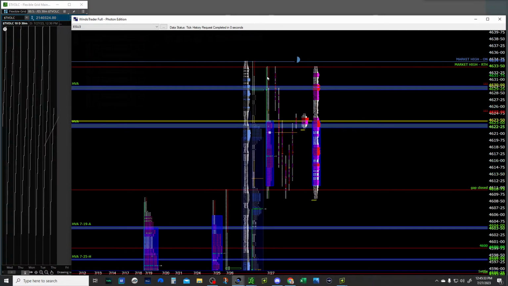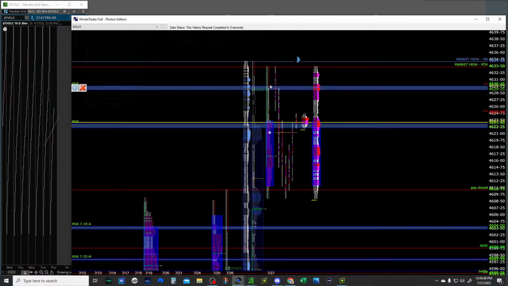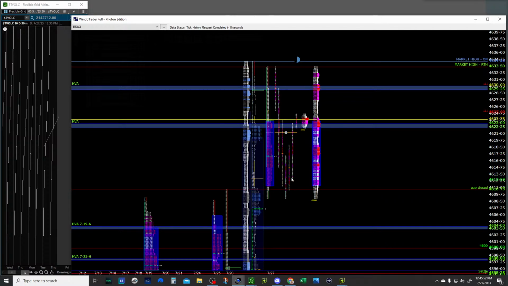I closed this trade with a loss, and this one, which was a bigger one. I have a bigger position here. After I reassessed risk up here, I decided to take my chance to the downside. And it worked. I was lucky here.